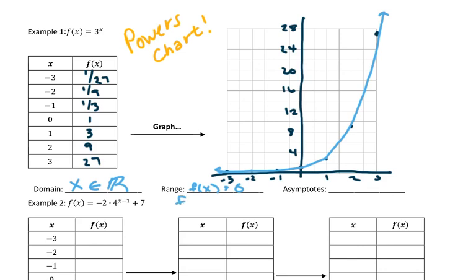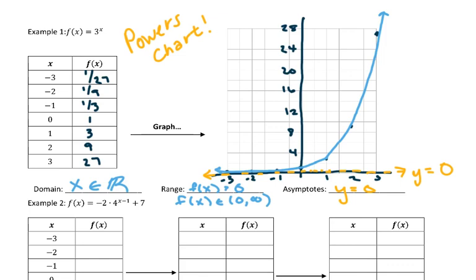You could also write this f of x is an element from 0 to infinity. Okay. Your asymptote, I didn't graph that in there yet, but we have this horizontal line. We make it so that it's dashed. Okay, and that line is y equals 0. So there is our asymptote.